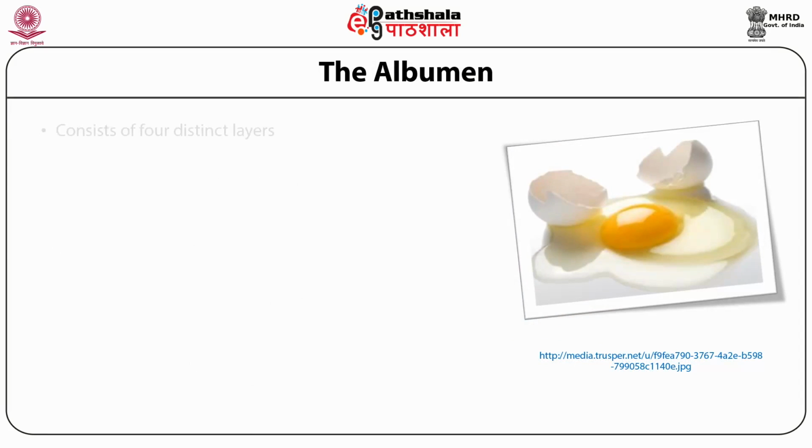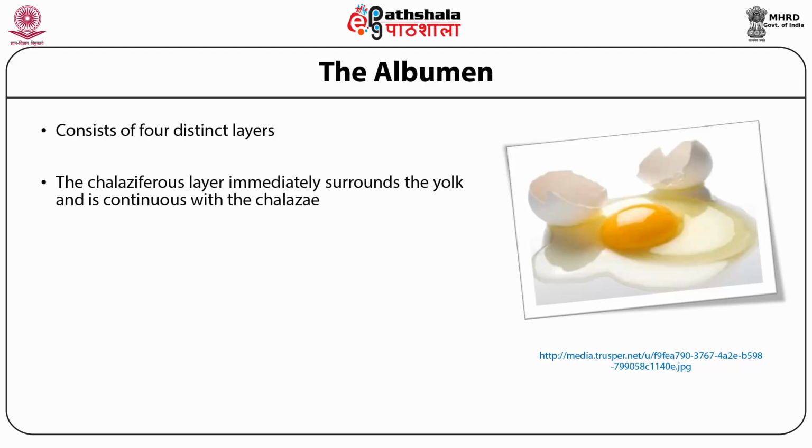The white consists of 4 distinct layers, which together constitute about 58% of the weight of the egg. The calciferous layer immediately surrounds the yolk and is continuous with the chalaza.